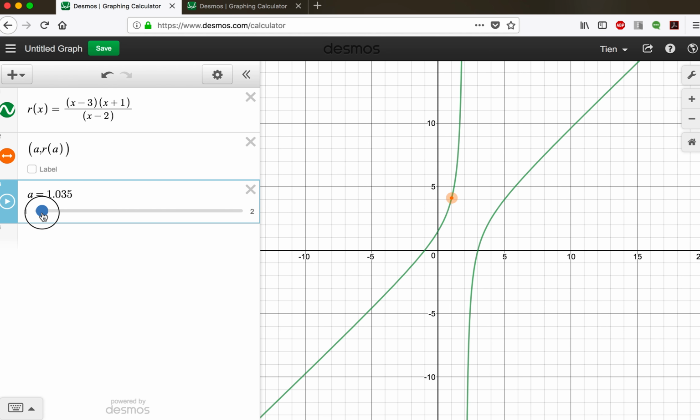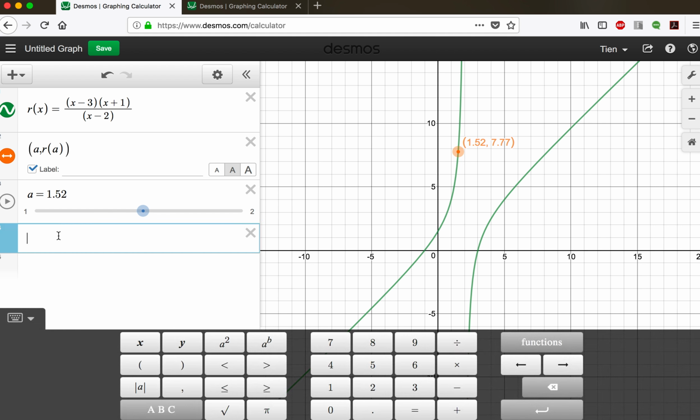As I start to move towards 2, its values get smaller and smaller. And why is that? Well, it's because this numerator here gets closer and closer to negative 3, but the denominator here gets closer and closer to 0.